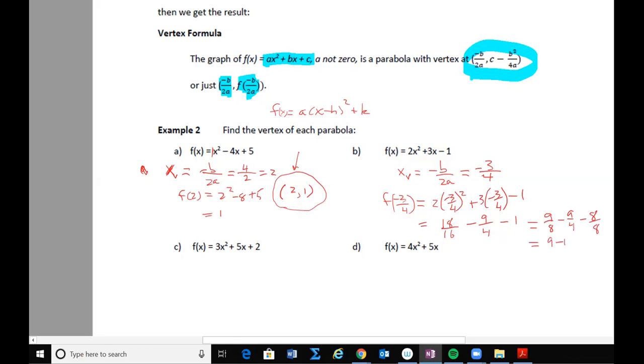It's 9 minus 18 minus 8 over 8 is, let's see, negative 17 over 8. Looks like. Okay, so all of that was just to get this coordinate. We spent a lot of time on that one. Okay, but there it is. Okay, now next one.